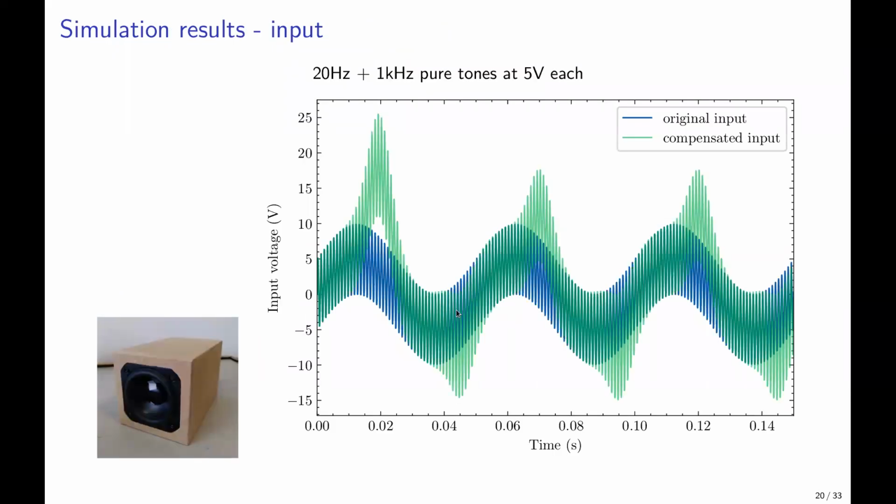Right. So now let's look at some results. Let's look at how this is done in practice. So these are the little loudspeakers that we have so many of, and here on the right we see an input signal, a two-tone input signal into this driver, and in blue we see just the two tones. So it's a low frequency and a high frequency, at 20 Hertz plus 1 kilohertz, and we can see that the compensated input is at some point much higher.